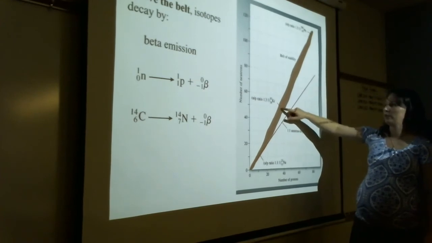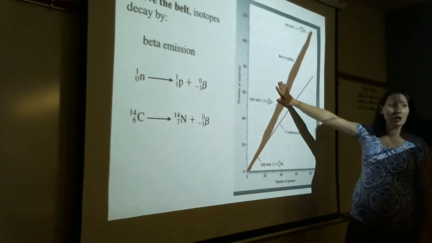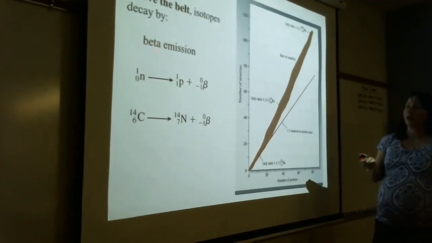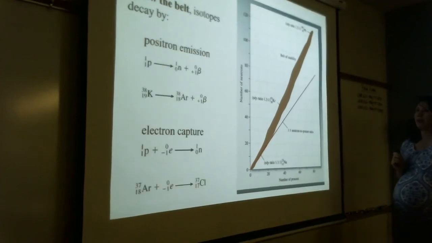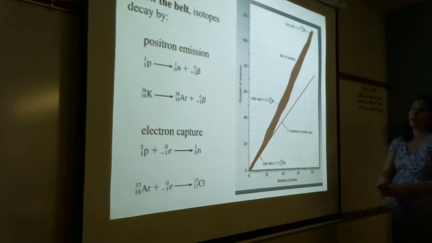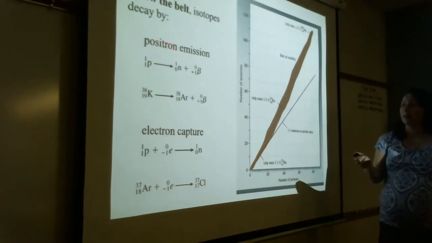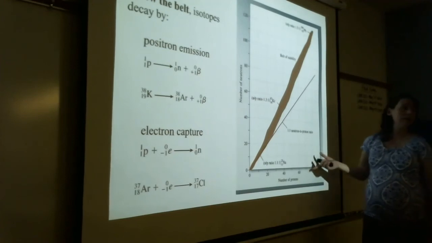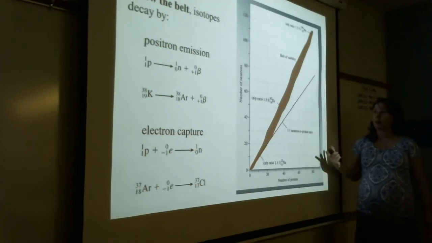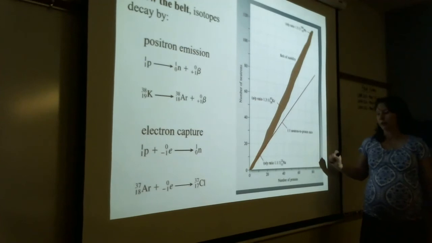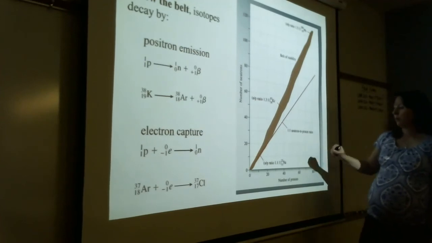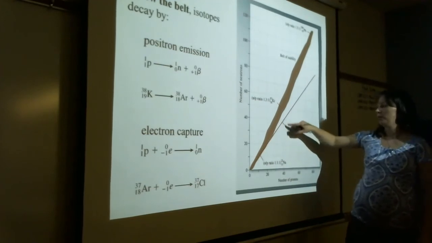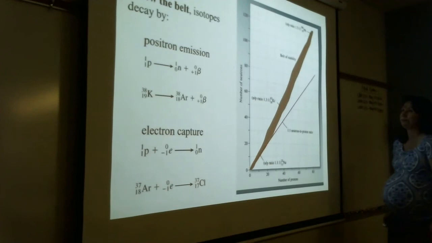If it puts you up here above, you're going to undergo beta decay. And if you're below, you're either going to undergo positron emission or electron capture. So you can predict the kind of decay your isotope will undergo based on where it ends up on this chart. Again, we're calculating neutrons over protons. What's the ratio? Where are you? Are you above or below that band of stability?